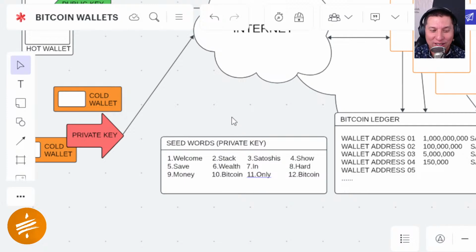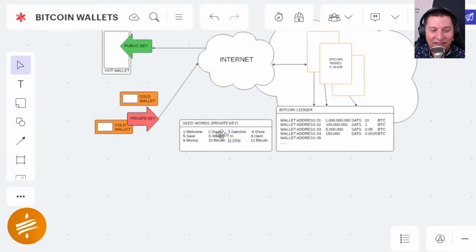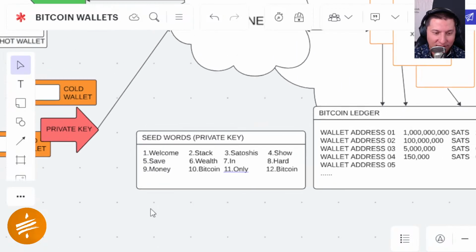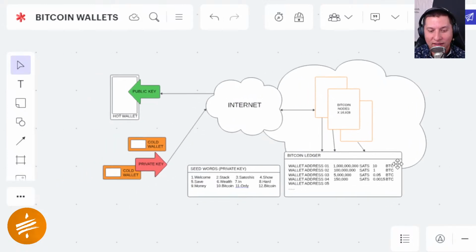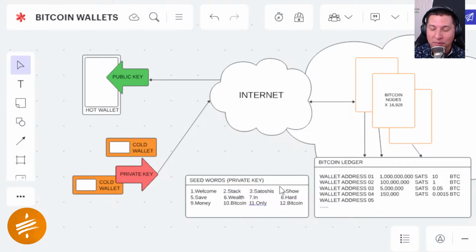Somebody can go in there, without even being in the same vicinity as you, find your seed phrase, recover your wallet on one of their devices, and send the Bitcoin to a different wallet you don't control, and that's how you lose your Bitcoin. That's not an issue with the Bitcoin network or the way Bitcoin works. That's an issue with the way you understood it and the way you stored your seed.